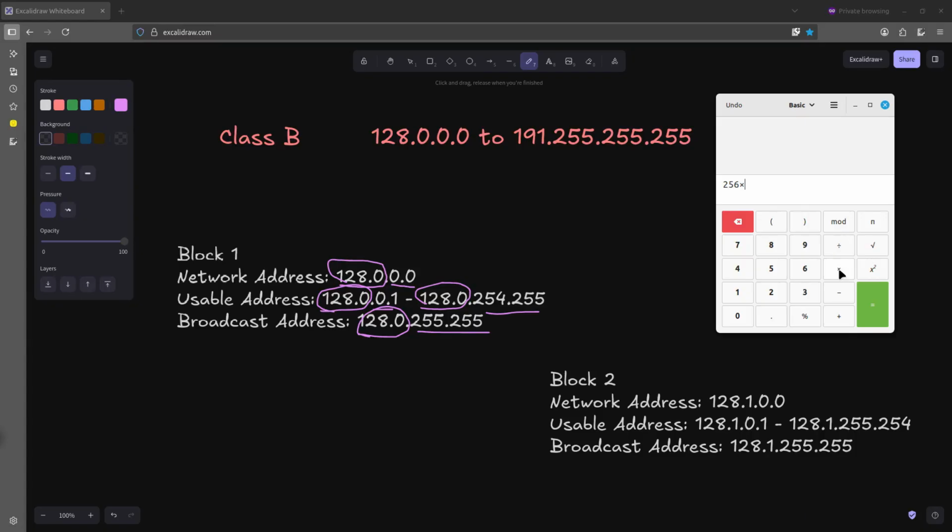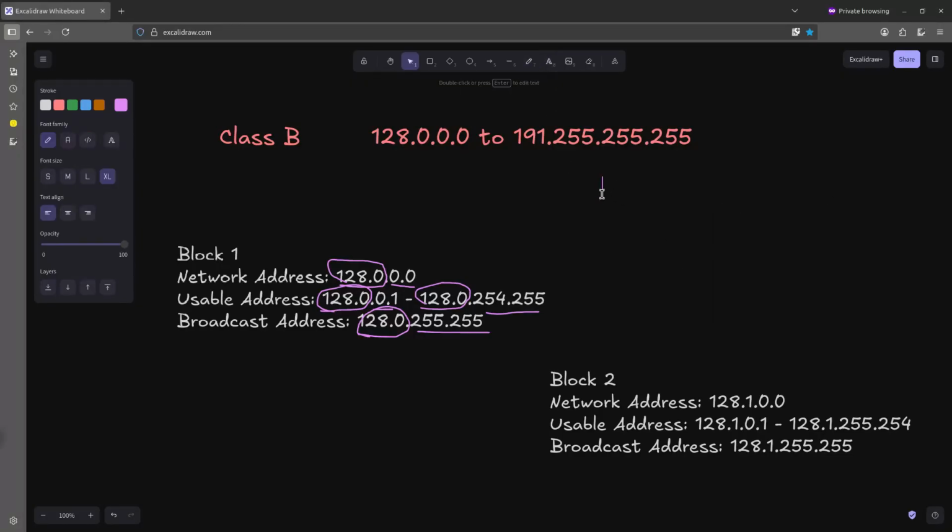So we will have 256 times 256, which is 65,536, and we have to subtract two IP addresses because we are removing the network address as well as the broadcast address. So if we subtract 2, it will be 65,534 usable IP addresses available to us.